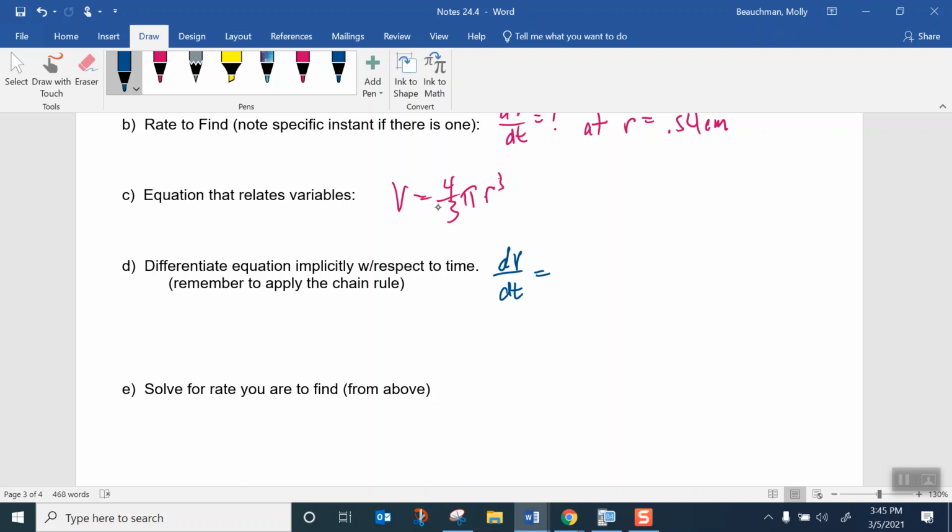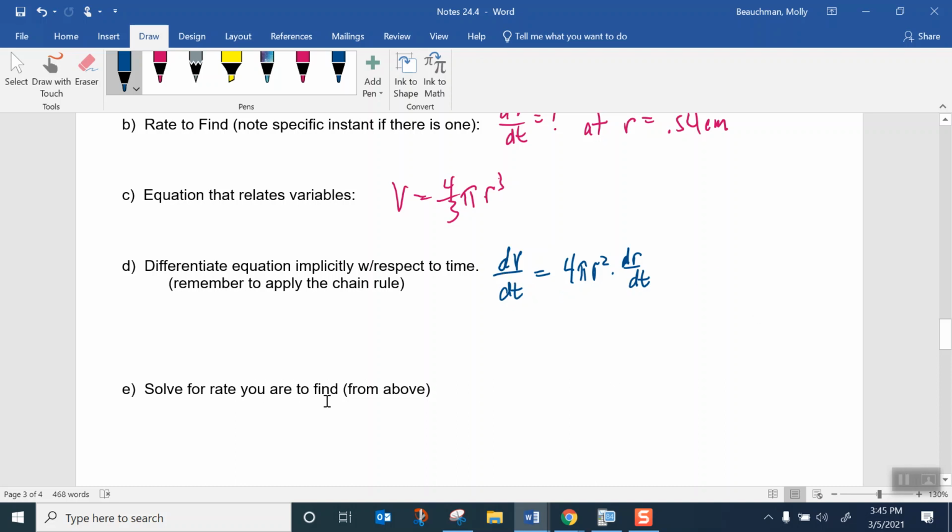If you multiply the 3 in the front, we're left with 4 pi r squared times dr dt. Now that we have the derivative, this relates the speed of the radius and the speed of the volume, the rates of change.